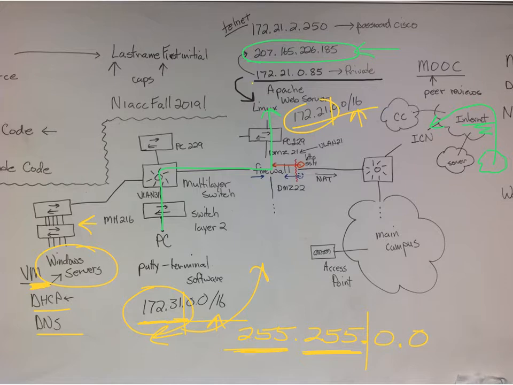And they are connected to the multi-layered switch, and we looked at that also, and that was in PC 228A or whatever. It's that wiring closet, so I can write that down here. PC 228, where that device is, and the firewall are in that room.